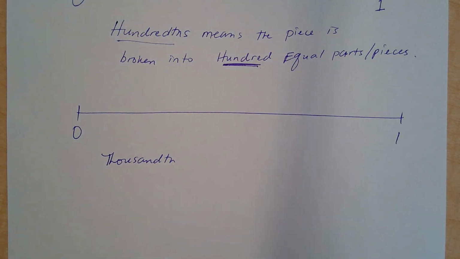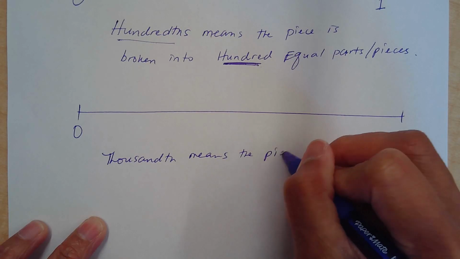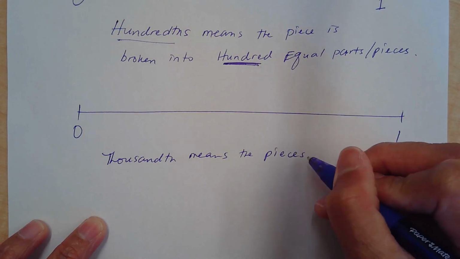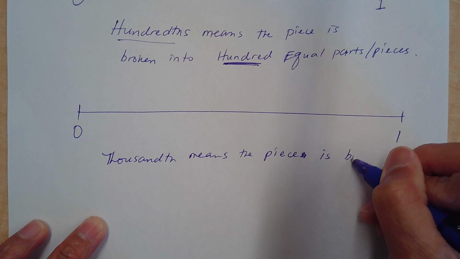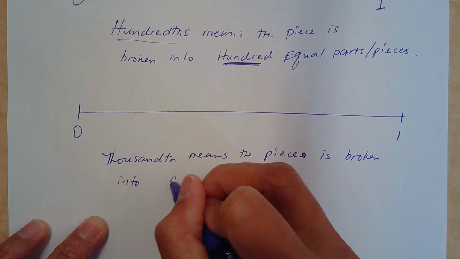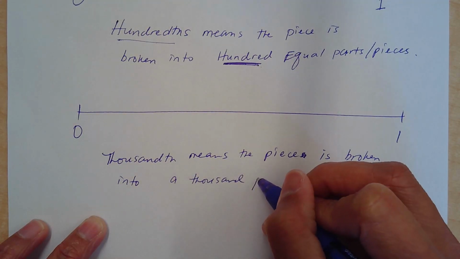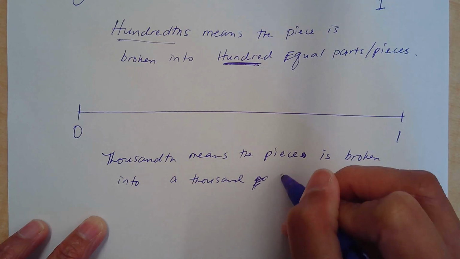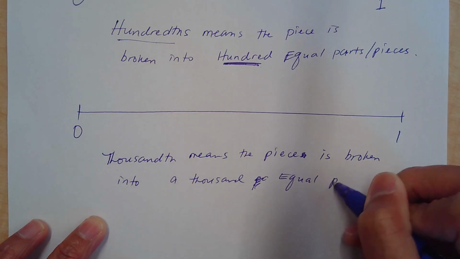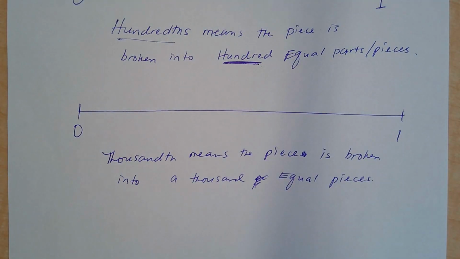So that's going to mean the piece is broken into 1,000 equal pieces. Yeah, this is going to be crazy. I can't possibly create 1,000 lines, 1,000 ticks.